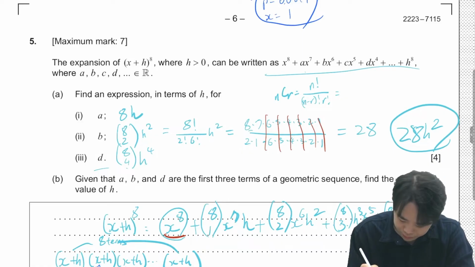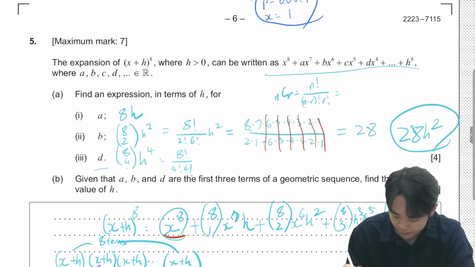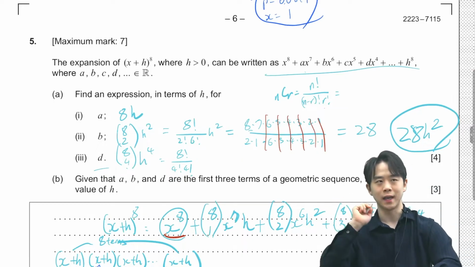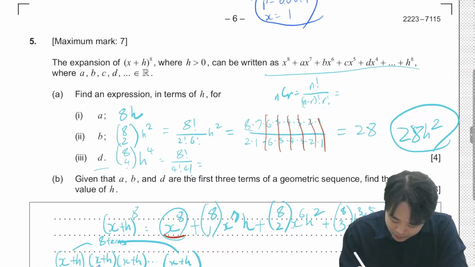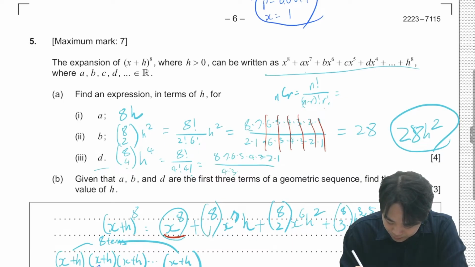Similarly, 8 choose 4 is going to be 8 factorial over 4 factorial times 4 factorial. Because r is 4 and n is 8, n minus r, or 8 minus 4, is just 4. So you would write 8, 7, 6, 5, 4, 3, 2, 1 over 4, 3, 2, 1 times 4, 3, 2, 1.